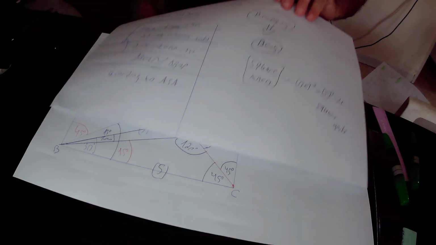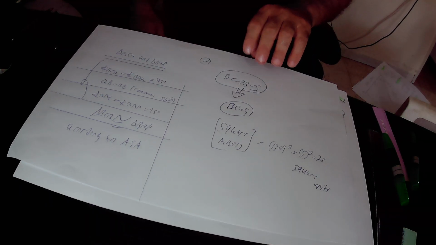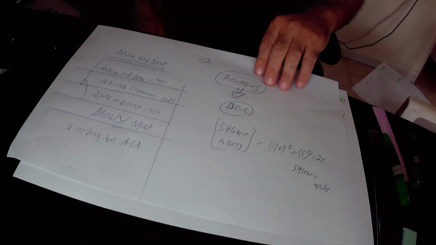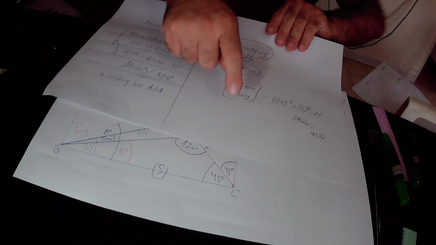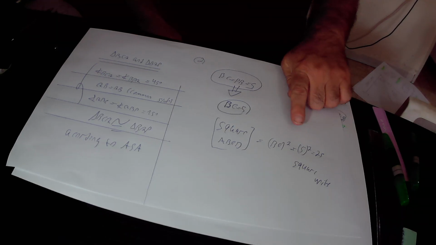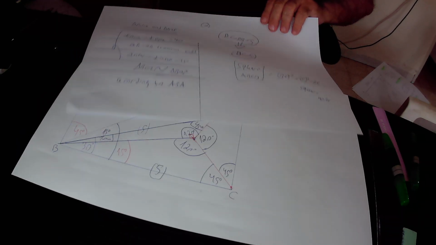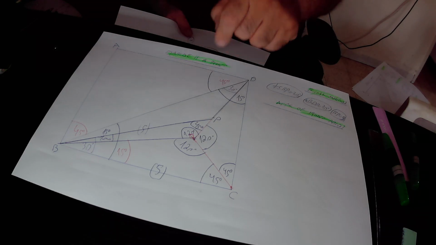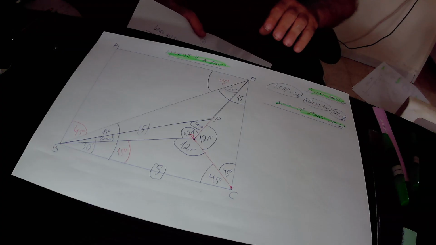You know that the area of a square equals the length of one side squared. So the area of square ABCD equals the length of one side, that is BC squared. BC is 5, therefore BC squared is 5 squared, that is 25. So in total, we found that the area of the square ABCD equals 25 square units.